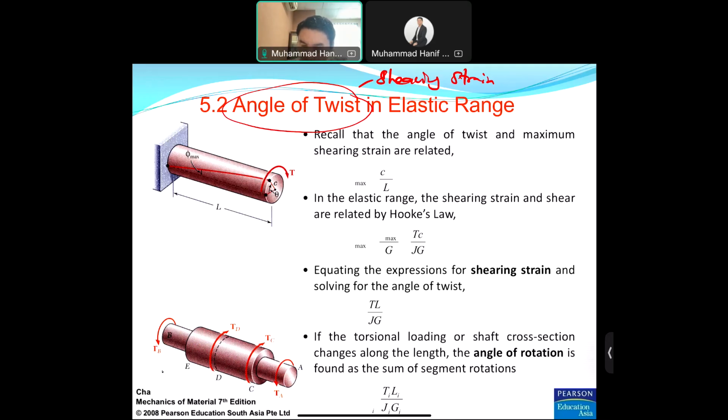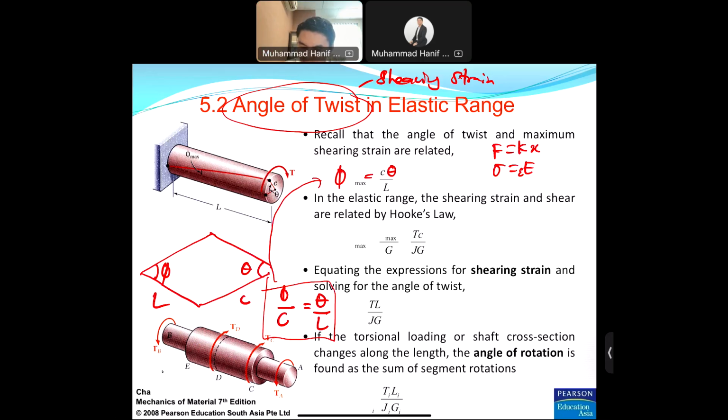Another example is tau equal to phi G. So this is Hooke's law. Using Hooke's law of tau equal to phi G, you will get this formula. Let me write the formula first, and I will explain to you.